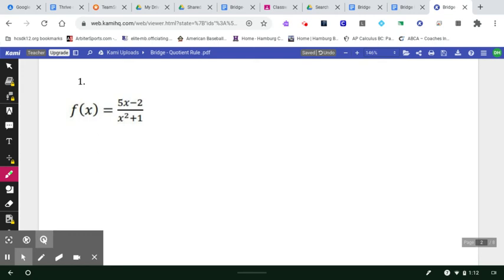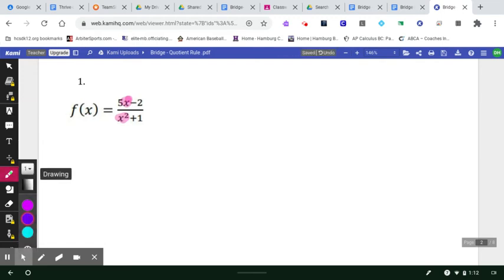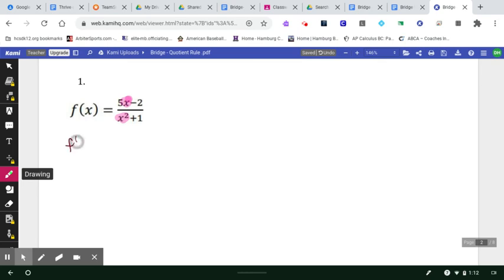Let's tackle the first question. f of x equals 5x minus 2 divided by x squared plus 1. First I check that it's a quotient rule problem. There's an x in the numerator and an x in the denominator, so I can use quotient rule. Low, so f prime of x equals low, using parentheses around every set of terms.